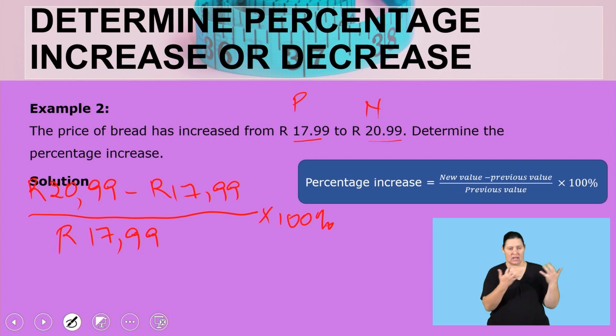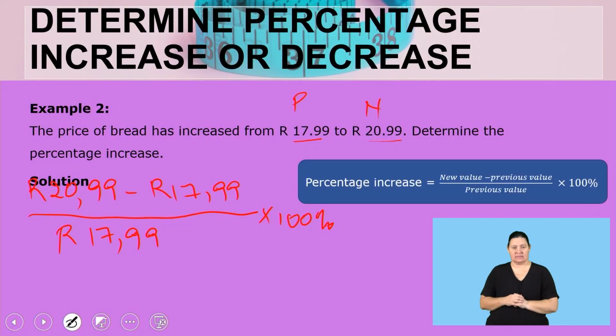Now let's calculate. You press the calculator with me. 20 rand 99 minus 17 rand 99, then we got 3 rand. We divide the 3 rand by 17 rand 99, and the answer that you get, you multiply it by 100.